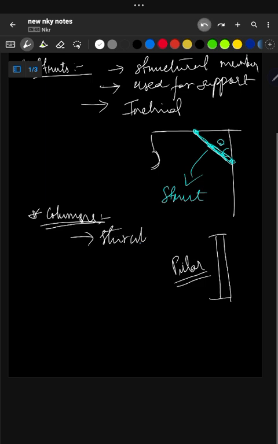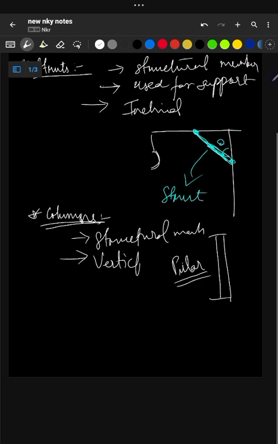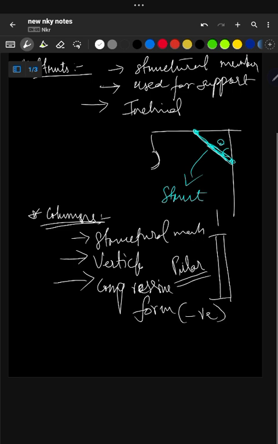It is a structural member, and it is vertical, and it carries compressive force only, that is negative force, that means in this direction.